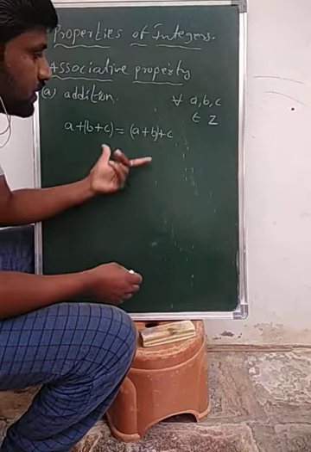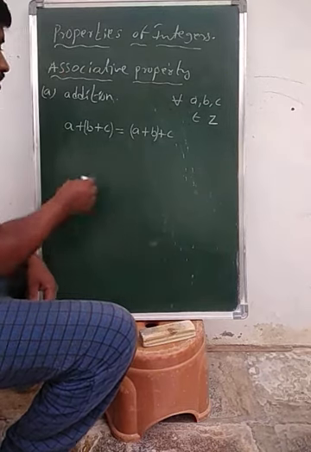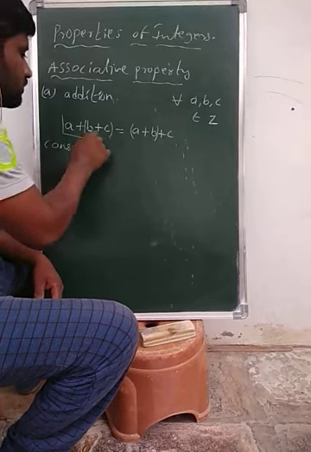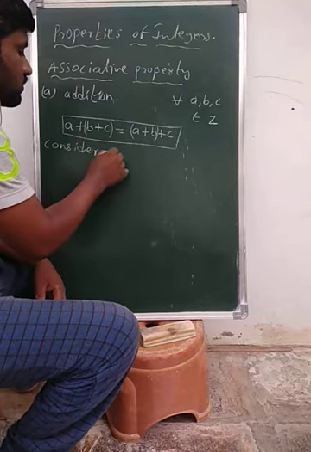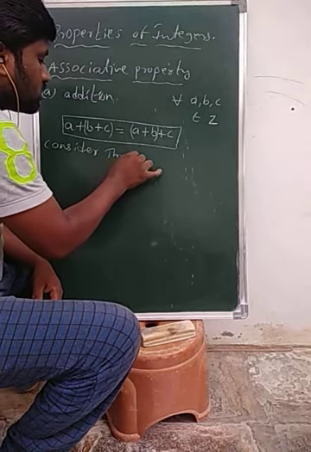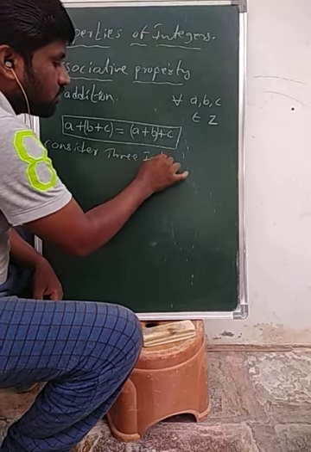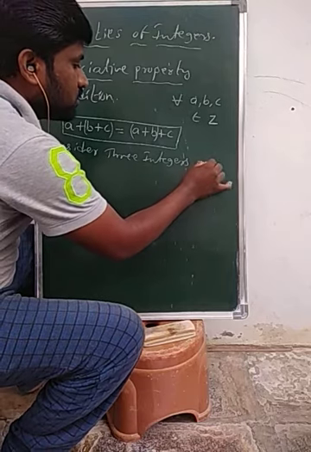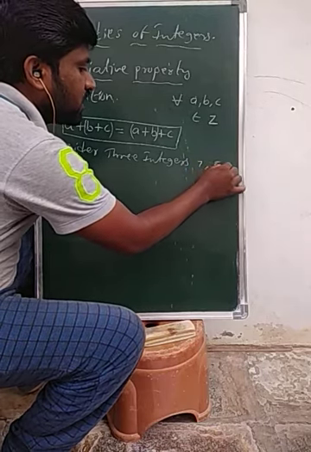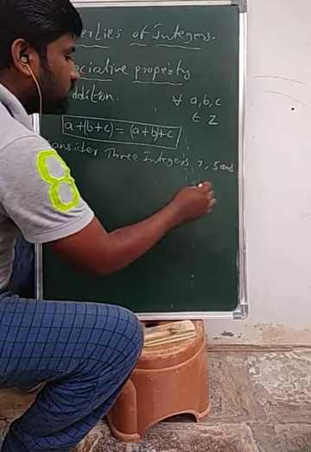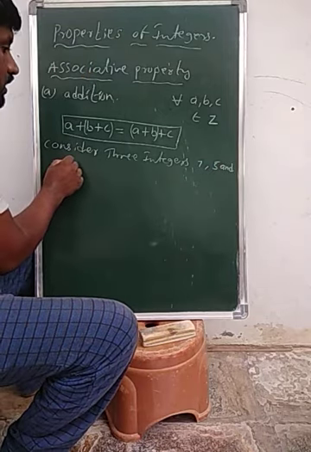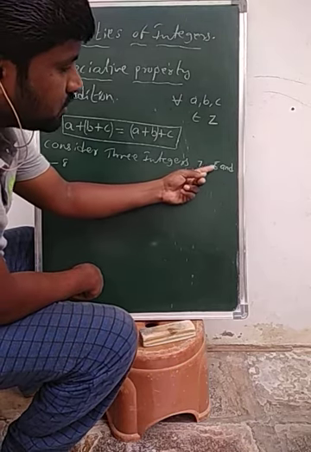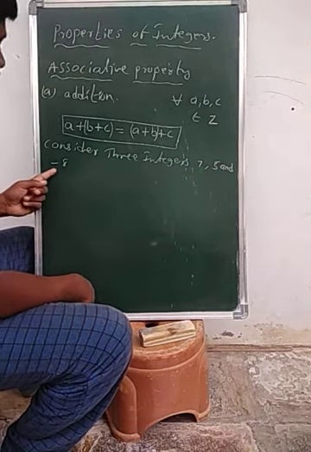Now I am going to explain this one by taking an example. Consider three integers: 7, 5 and -8.